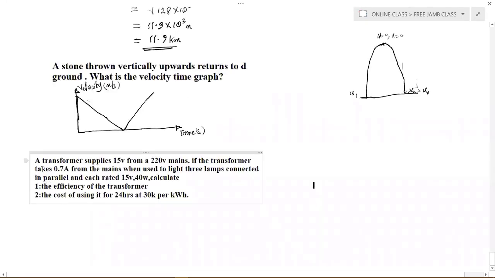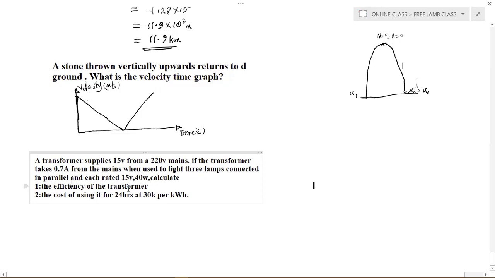Yes, the question from Somto says that a transformer supplies 15 volts from a 220 volt mains. The transformer takes 0.7 amps from the mains when used to light three lamps connected in parallel and each rated 15 volts, 40 watts.